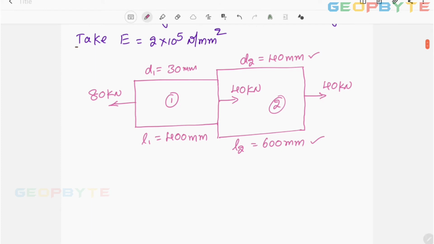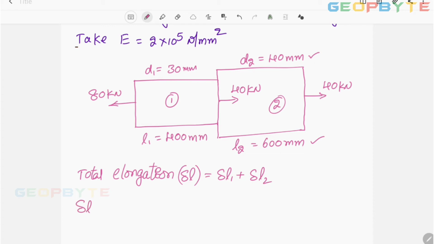Total elongation delta L equal to delta L1 plus delta L2. Delta L1 equal to P1 L1 by A1 E1.